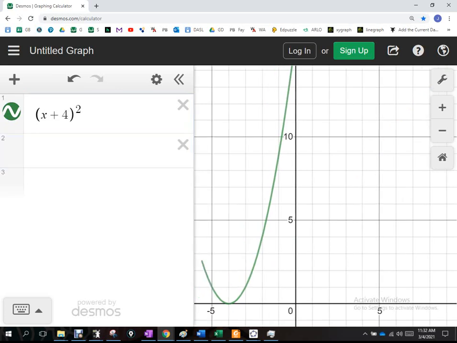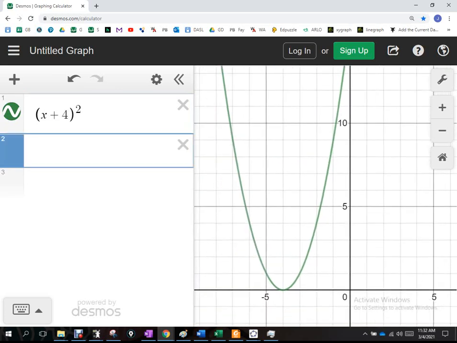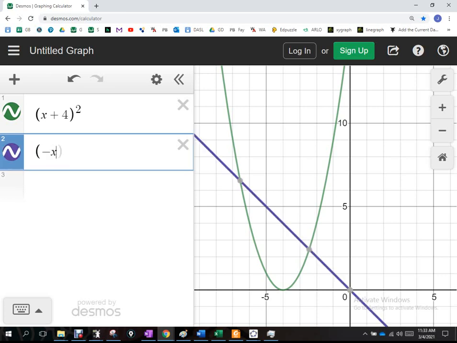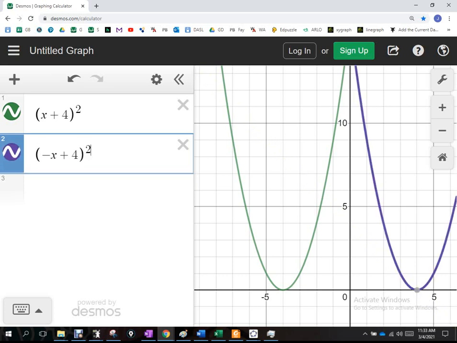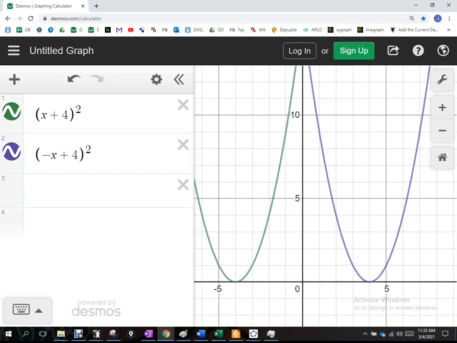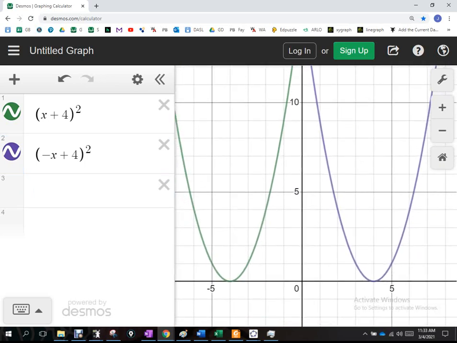Okay, if I show you that, if I were to go through here and multiply the x just by a negative, let's look at what it does to that graph. So I'm going to take that x and multiply it by a negative and leave everything else the same. What did it do to create that purple graph? What did it do to the green one? Flipped it over the y-axis, right?